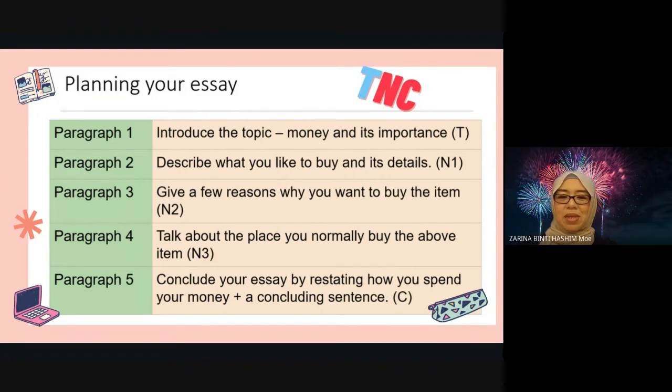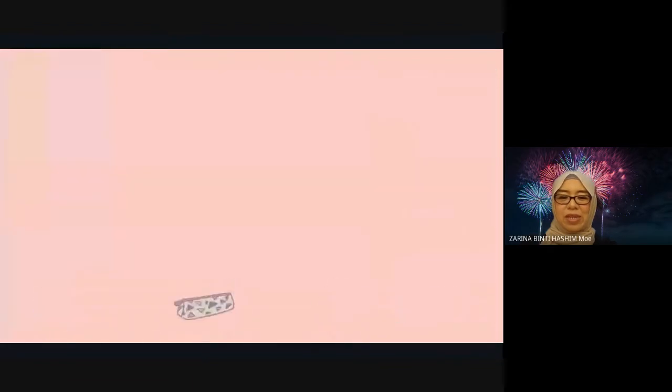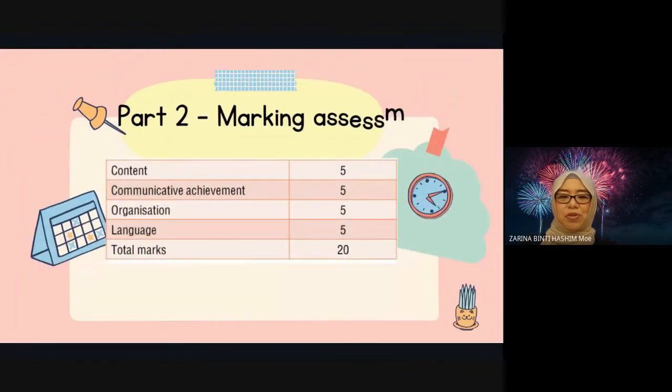Okay, ada soalan? Now we go to the next one. Again, we are going to look at the part 2 marking assessment. Same thing with part 1. Dia memang sama, it is the same. Also in part 3 pun sama juga. All 5, 5, 5, 5. 20 marks. But here what we expect is a little bit higher.